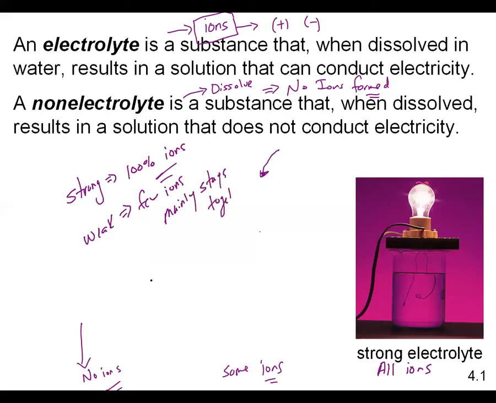And then a non-electrolyte, as we talked about, will dissolve in water, but will produce no ions. So in terms of the light bulb example, strong is very bright like we see, weak is a dim light bulb, and with a non-electrolyte, the light bulb essentially will not go on.